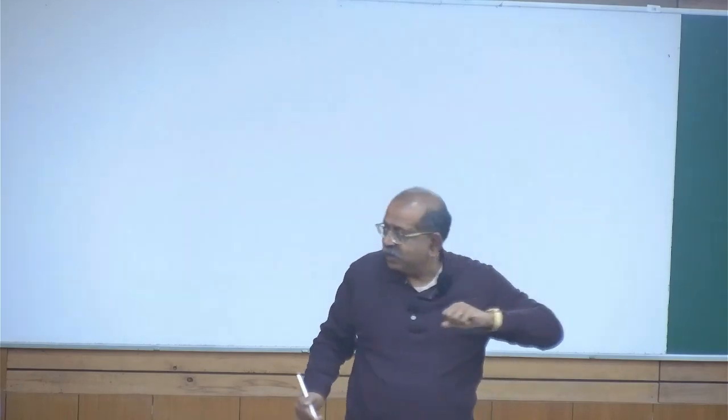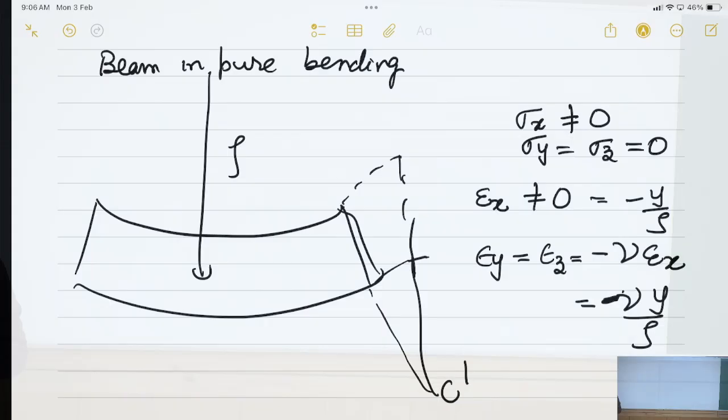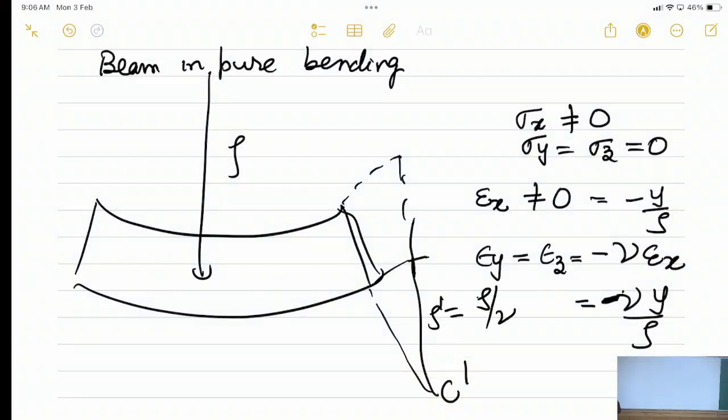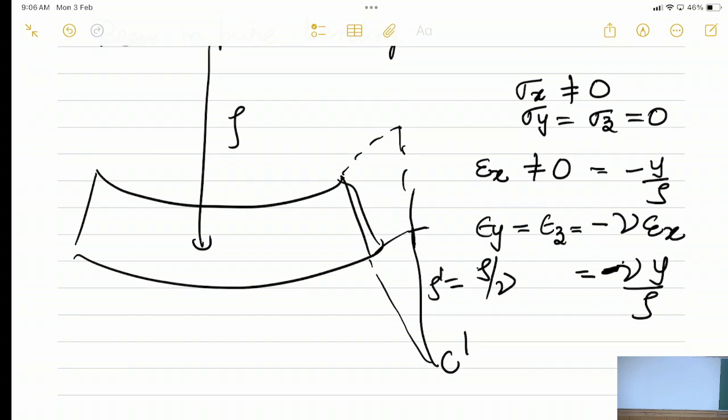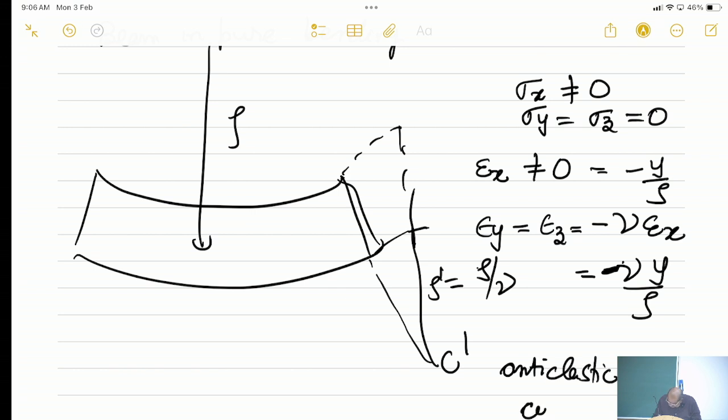This radius of curvature will be equal to rho divided by nu because of this relation of Poisson's ratio, and this is called, I think, anticlastic curvature.